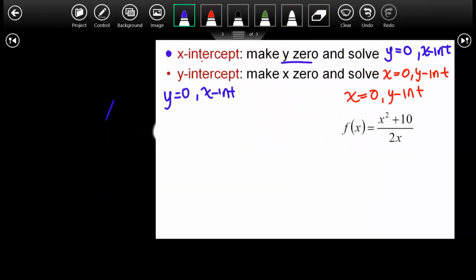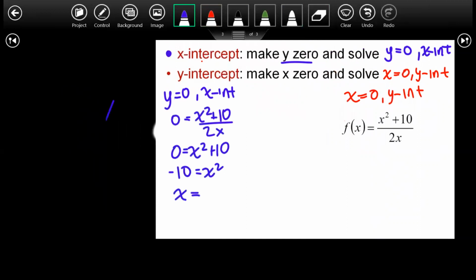When we set y equal to 0, we're going to get 0 is equal to x squared plus 10 over 2x. What happens to the bottom, essentially? It cancels out, so we get 0 is equal to x squared plus 10. If we solve this out, we subtract 10 from both sides to get x squared equals negative 10, so x is equal to plus or minus the square root of negative 10.